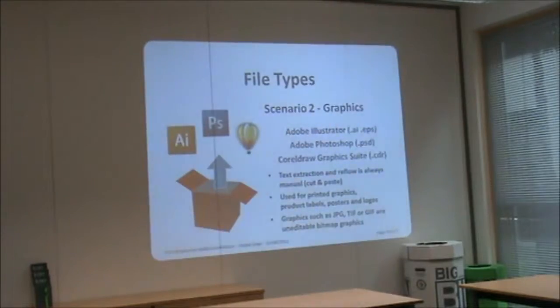It also can contain text data as well, editable text data, but it can also contain vectorized text, which is text that's not a string of characters anymore. It's been converted into lines and shapes.